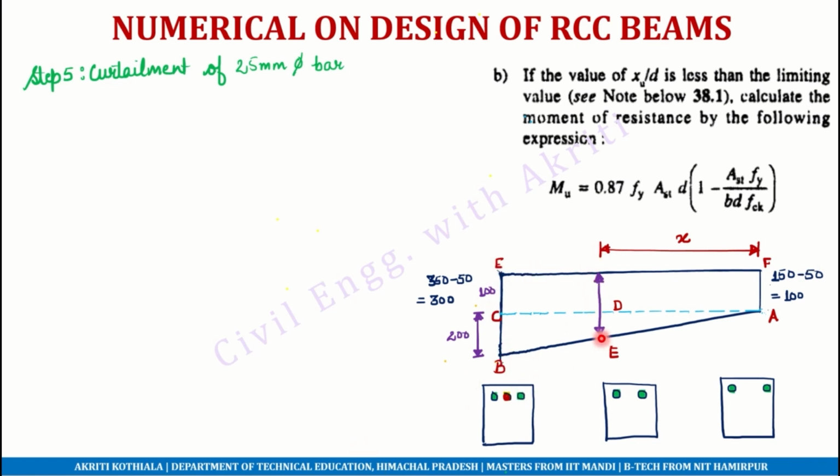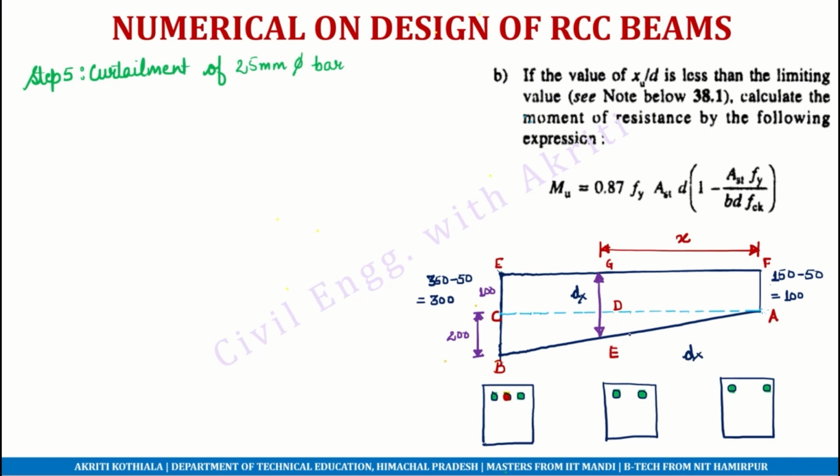Now, assuming the depth at this curtailment section XX to be equal to the effective depth, that is what we are talking about, is dx. If the effective depth is dx, we have to calculate the value. Now we can see that this value of DG is equal to AF, so this will be equal to 100 mm, and we have to calculate the remaining value of DE.